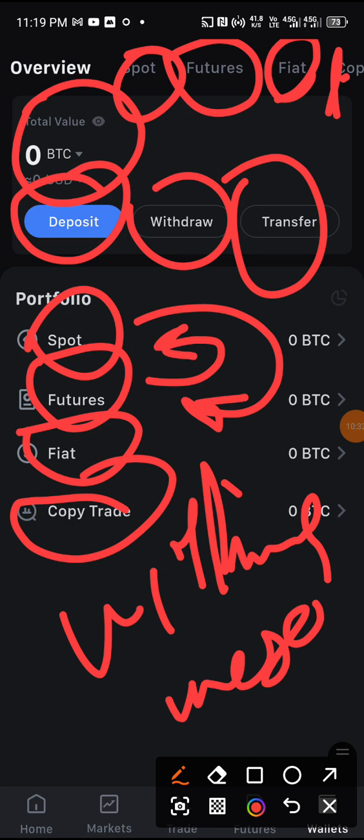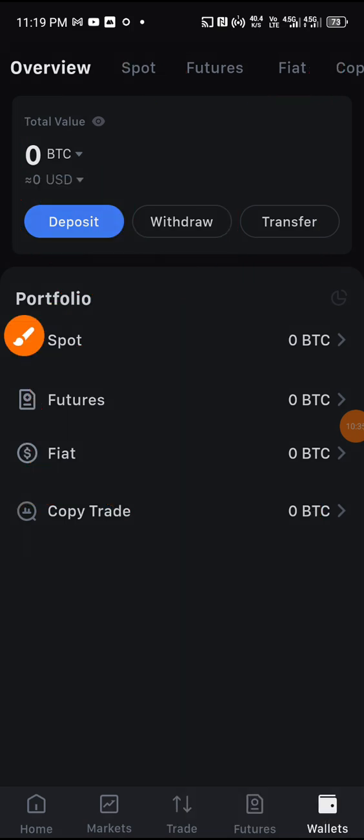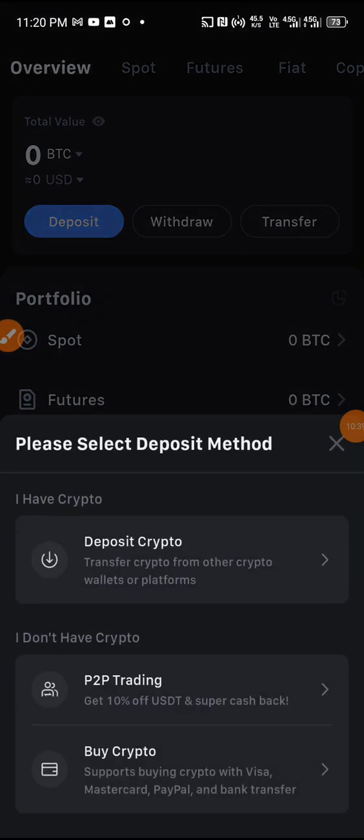So if you want to get your wallet address here, you can come to this place to click on copy. You choose which one you want to do. Is it P2P? But on this one, we're going to deposit crypto, which will allow us to copy our wallet address to take it to another exchange to withdraw.